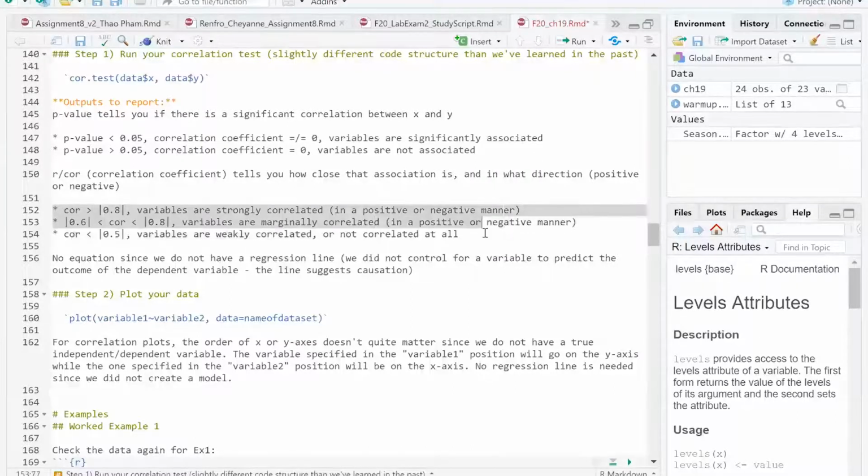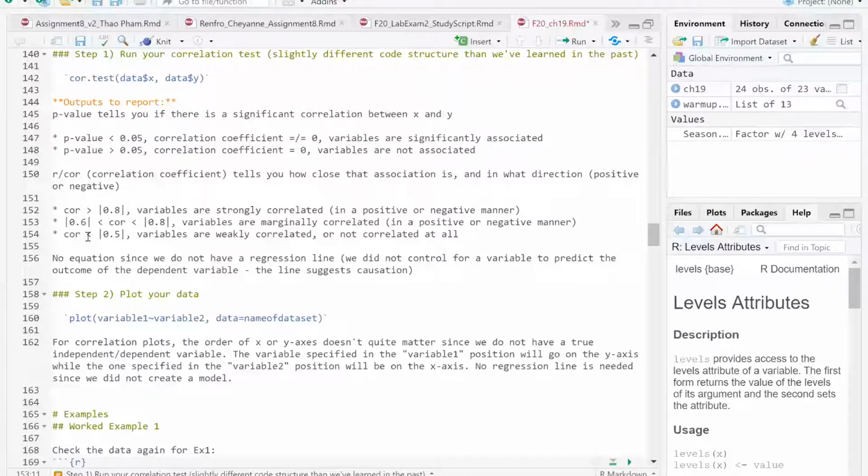This kind of breakdown is somewhat arbitrary, but this is what we're going to go for to make things a little bit easier to interpret. If the absolute value of your correlation coefficient is greater than 0.8, your variables are strongly correlated in a positive or negative way, depending on whether the number was negative 0.8 or positive 0.8.